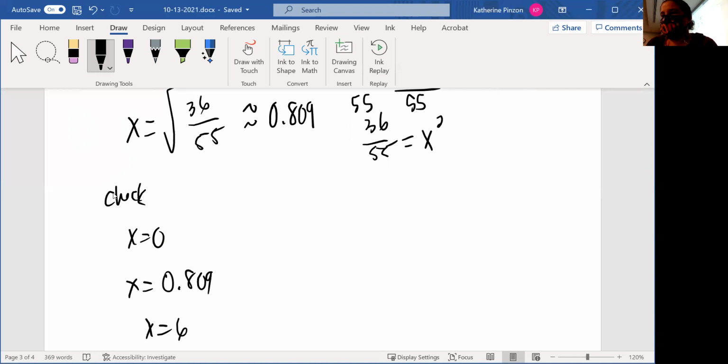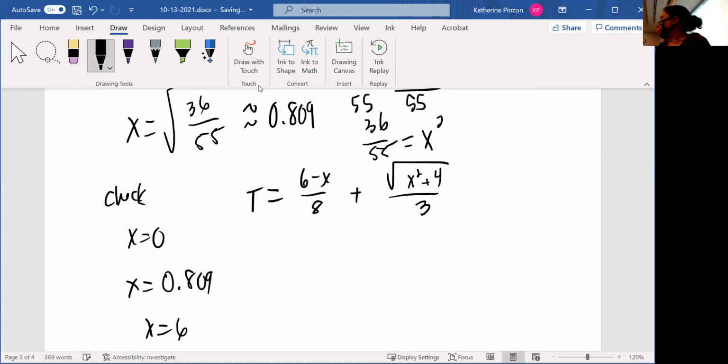Let me write down the time equation again for you. It was 6 minus x over 8 plus square root x squared plus 4 over 3. Yeah, was that the time equation? Okay, so I'm going to take those 3 numbers, I'm going to plug them in my time equation.